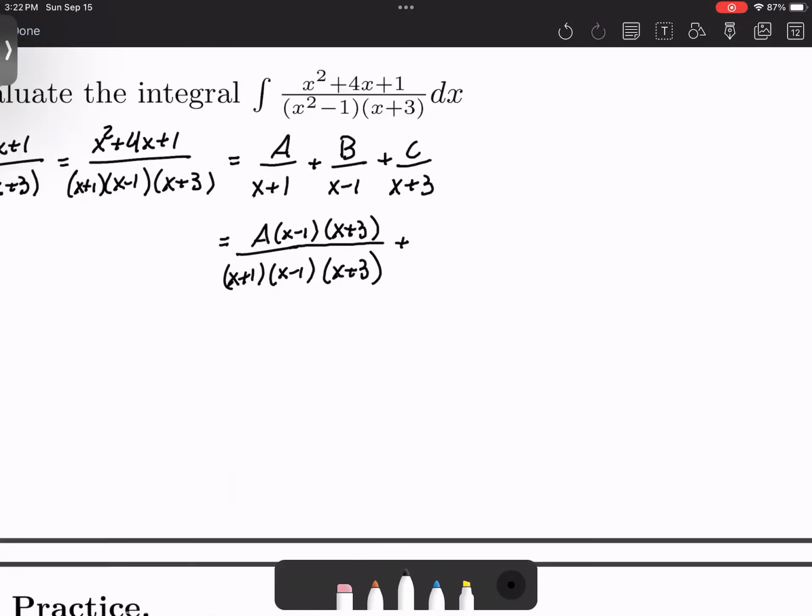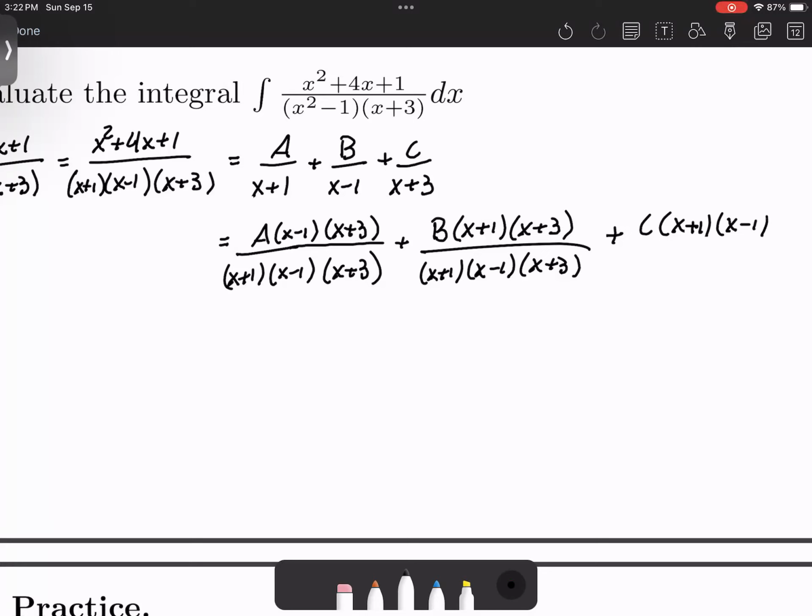I'll take b, and I'll multiply it by the x plus 1 and the x plus 3. Now its denominator is x plus 1, the original x minus 1, and the x plus 3. We'll take c and multiply it by the denominators that it is missing, x plus 1 and x minus 1.